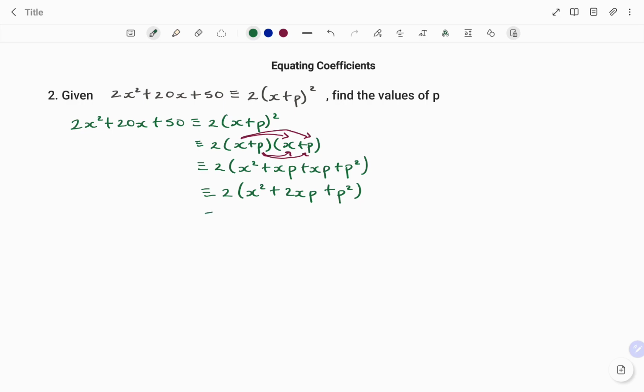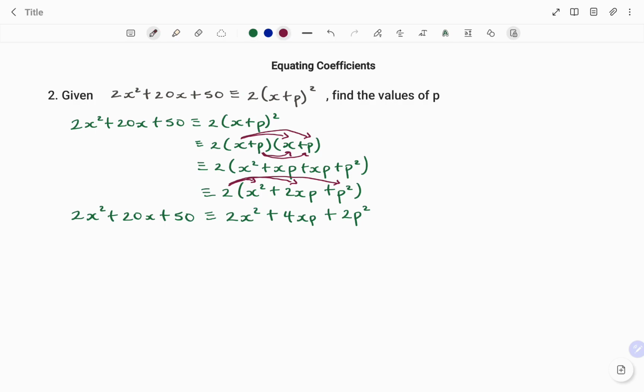And expanding the bracket with 2, the 2 outside the bracket will multiply all the terms inside the bracket. Taking note of our signs, we have 2x squared plus 4xp plus 2p squared.